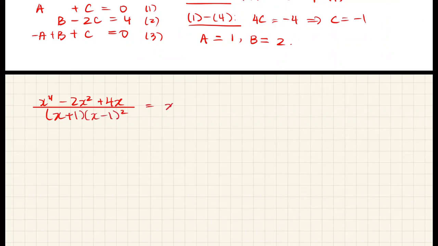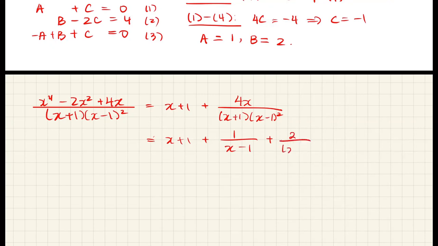Remember that this is equal to x plus 1 plus 4x divided by x plus 1, x minus 1 squared. So if we put back the coefficients in, we have x plus 1 plus, the a term was going to be 1 divided by x minus 1, and then we have b, plus 2 divided by x minus 1 squared, minus 1 divided by x plus 1.